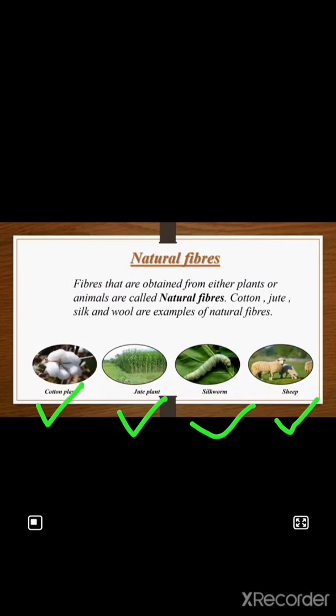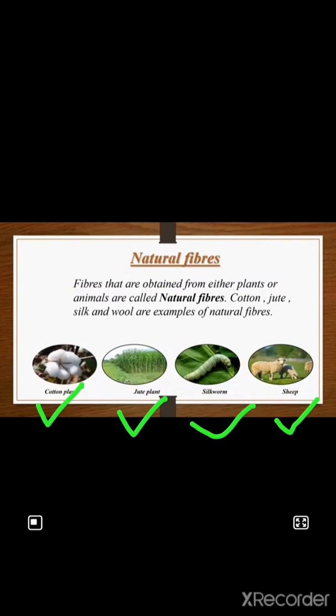Okay. And a woolen sweater you wear in the winter time. So wool we get from sheep, and silk we get from silkworm. Right, children? And this is a jute plant, and this is cotton clothes. Usually we wear them in summer season, so we get cotton from cotton plants.